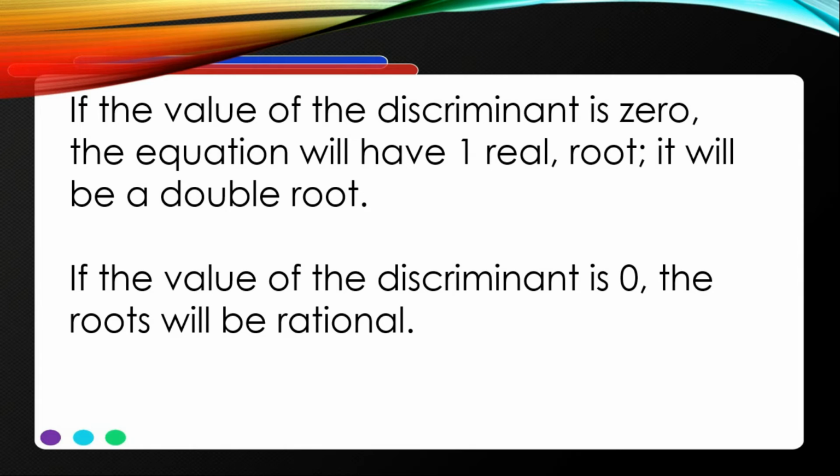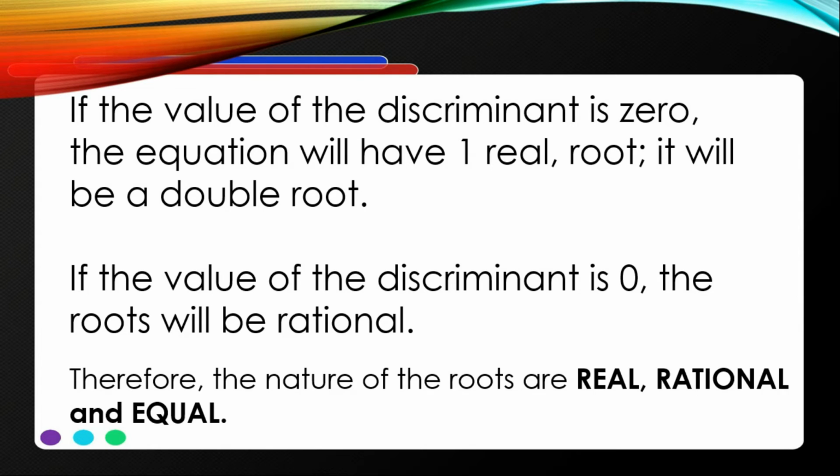And if the value of the discriminant is 0, the roots will be rational, because as in the earlier example, we have 5 as our double root and 5 is a rational value, right? And therefore, we can say that the nature of the roots are real, rational, and equal.